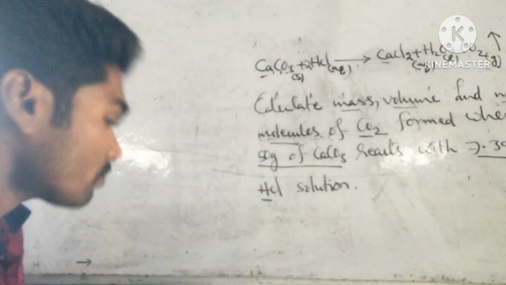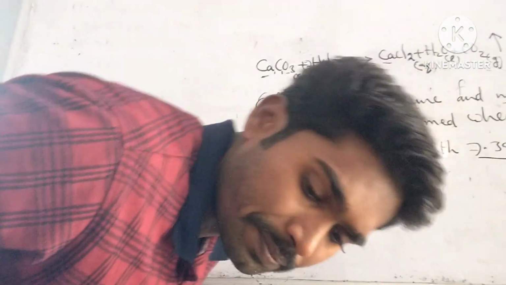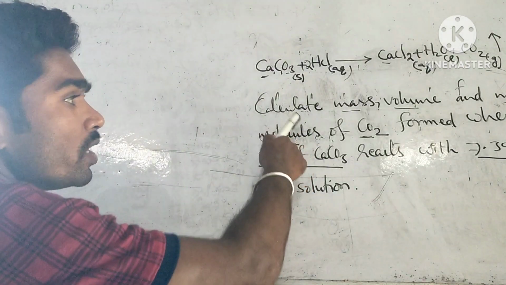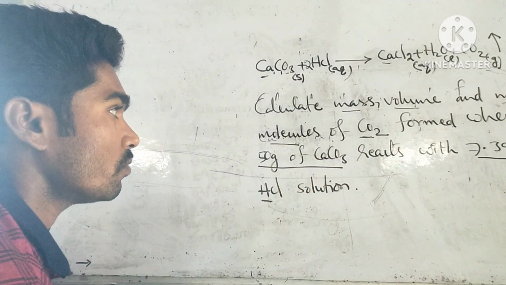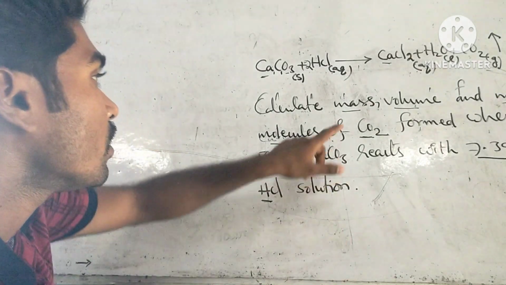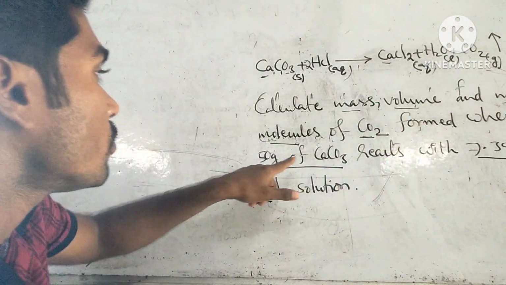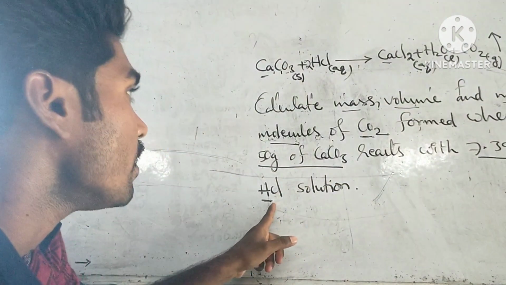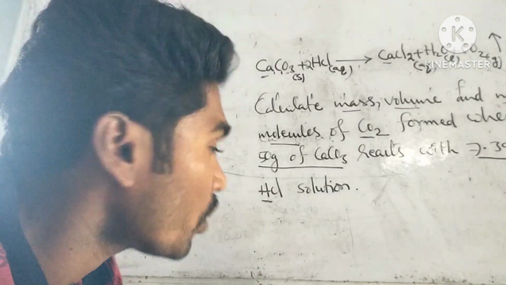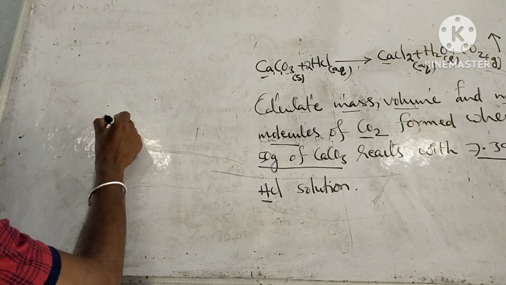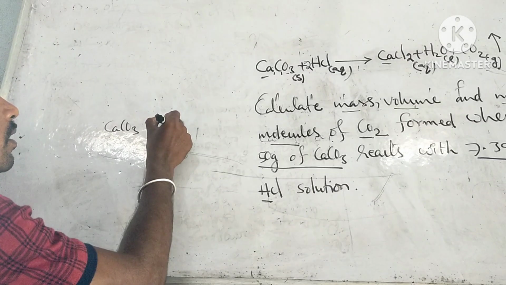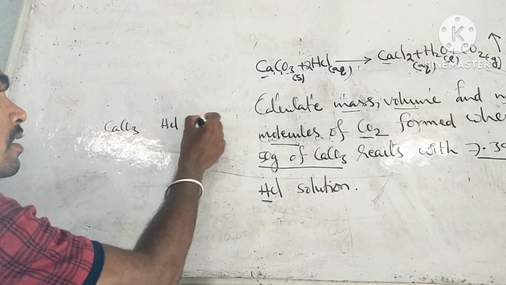Here, so what to do for this? Everyone, please see here. By looking at the question, we need to take the amounts of calcium carbonate, HCl, and carbon dioxide into calculation. Okay, so let us take calcium carbonate and hydrochloric acid.